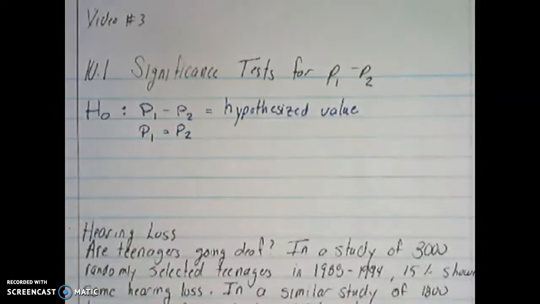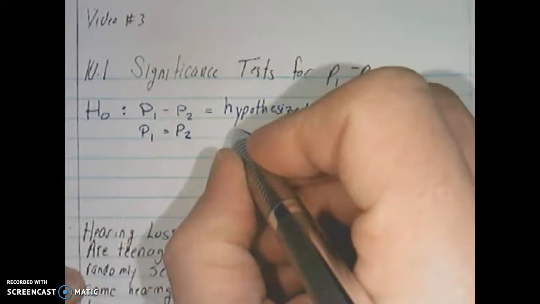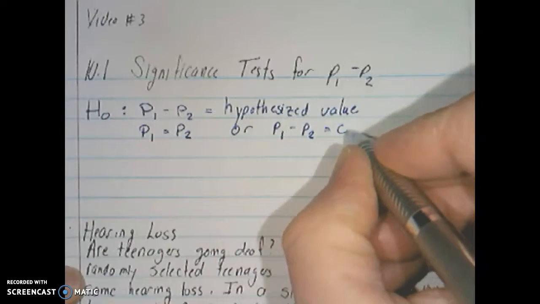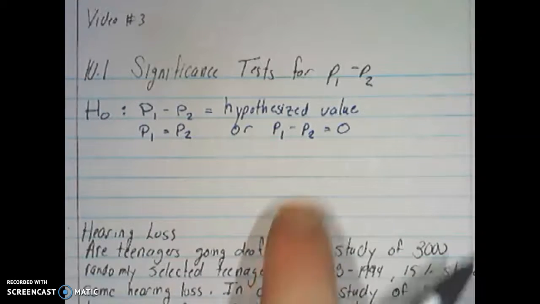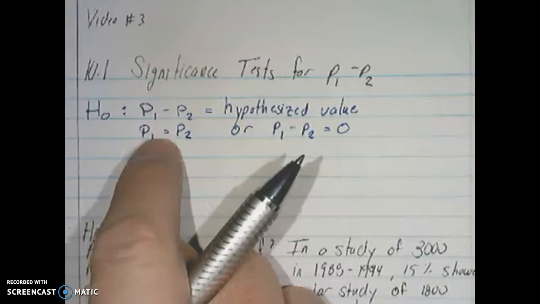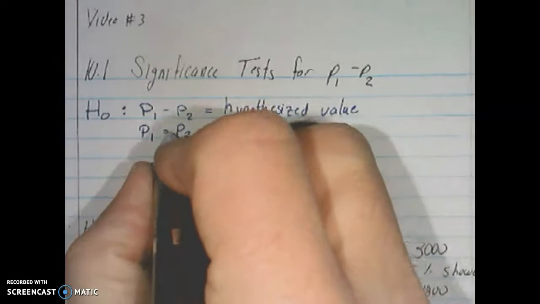Depending on what we're going to have, you could have P1 is equal to P2, or you could have P1 minus P2 is equal to 0, meaning is there a difference? But usually not. This one we'll use quite often. This one we won't see too much, but if you go to biology and stuff, you might see it. So that's equal to.